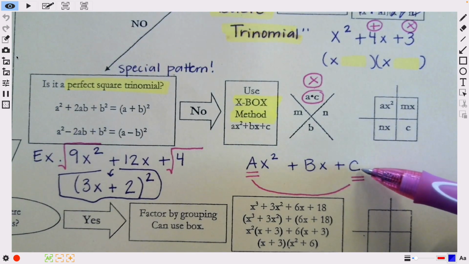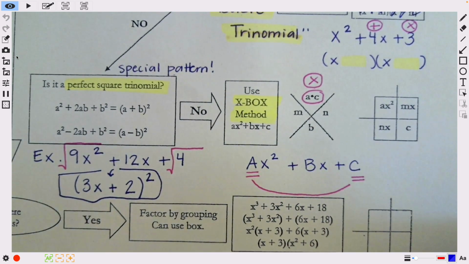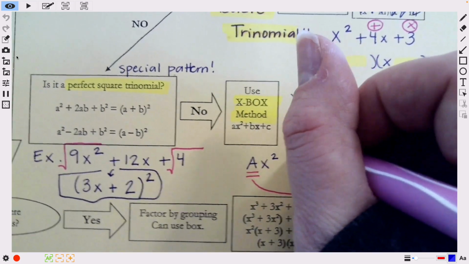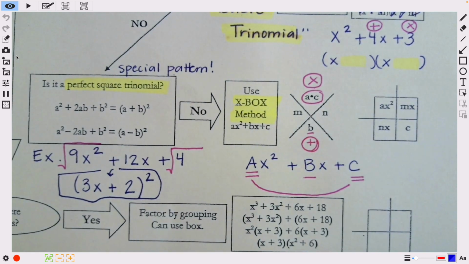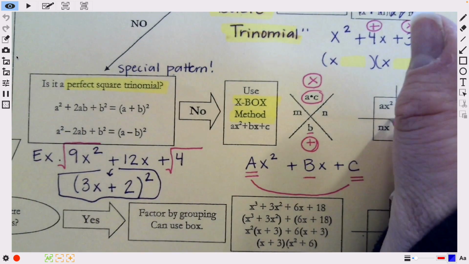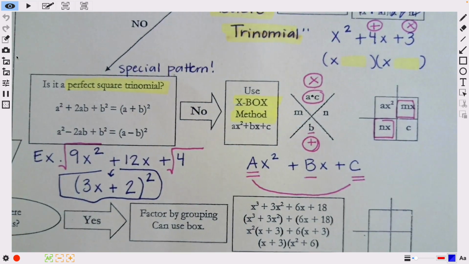It's still kind of like that. It's just you have to also multiply it by the number in front. The B is the middle number, and that's what it adds to. And then remember, the M and the N are what go here and here. And you fill in your box from there.